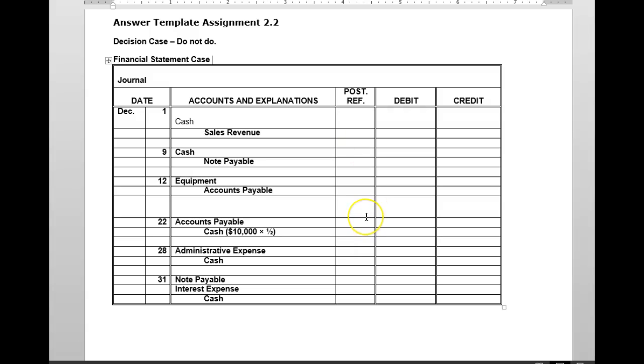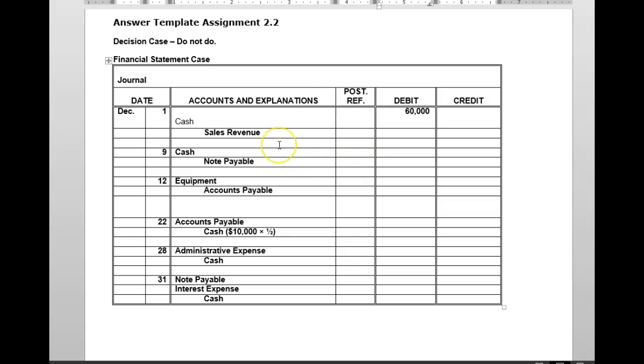On December 1st, the very first one said we earned sales revenue and collected cash, $60,000. Well, if we look at this, we collected cash, so we know cash is going to be increased by $60,000, and that's called a debit. Because you remember, assets are increased by debits, which is the left side of the column.